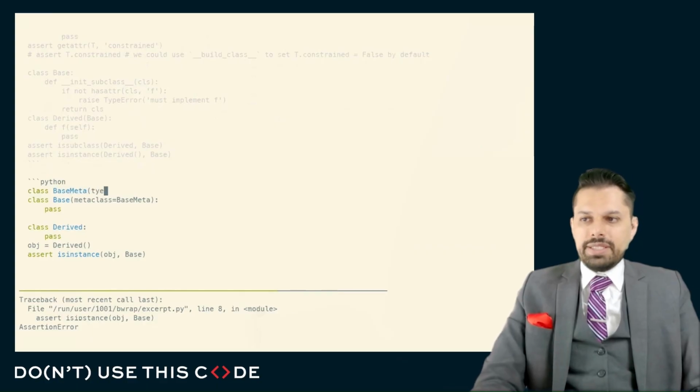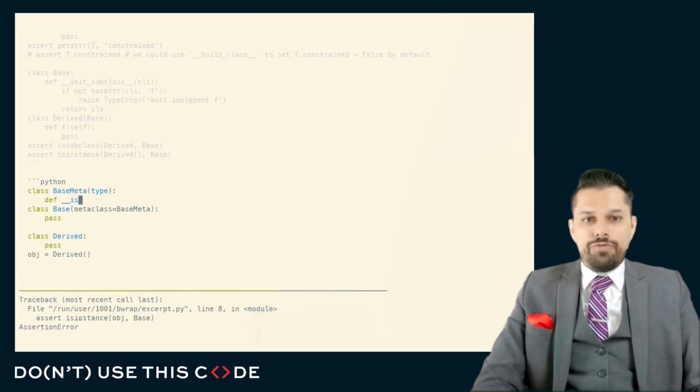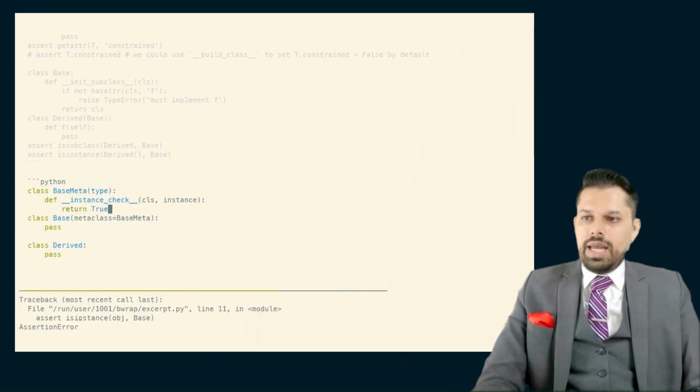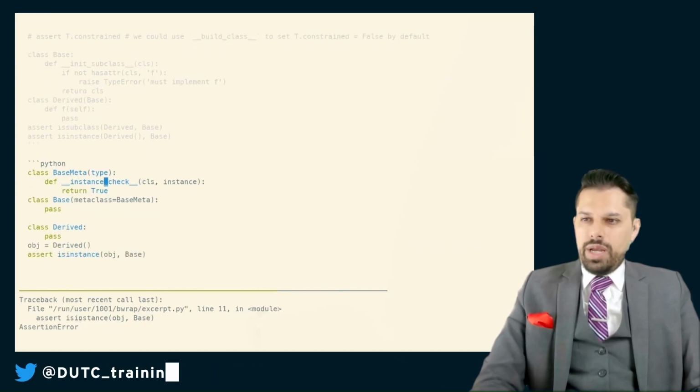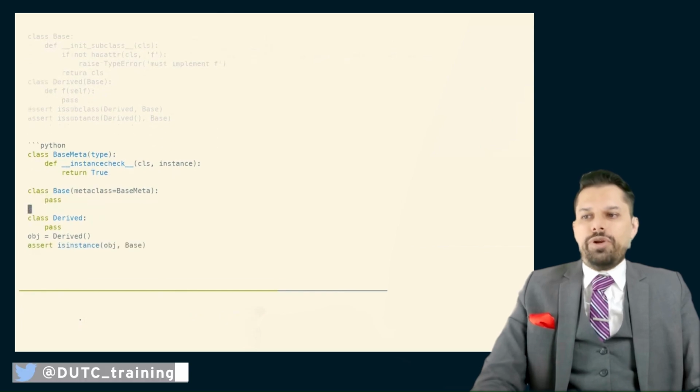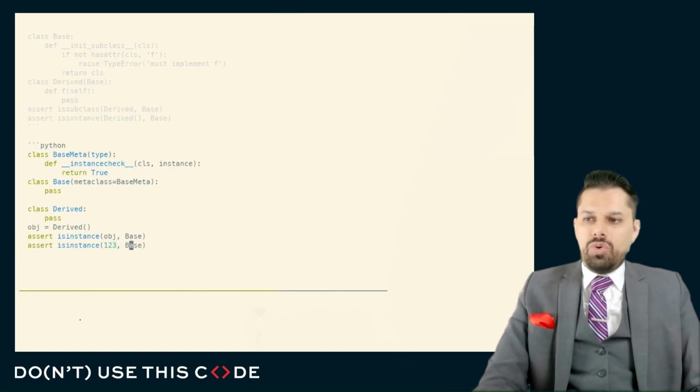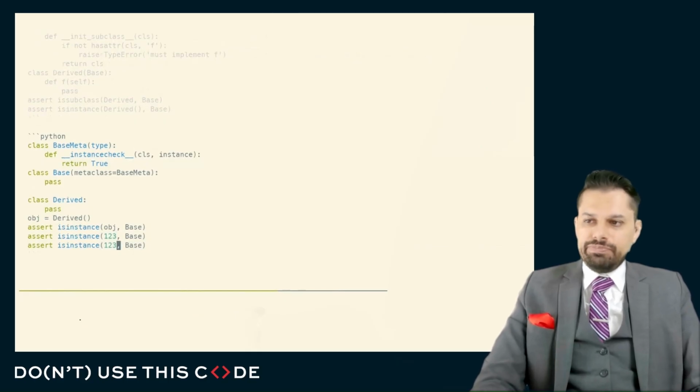And in this metaclass, implement the Python vocabulary, specifically the Python vocabulary for checking if something's an instance. And this is the class and the instance. And there we go. Very good. And now, anything is an instance of base, even 1, 2, 3, or ABC.